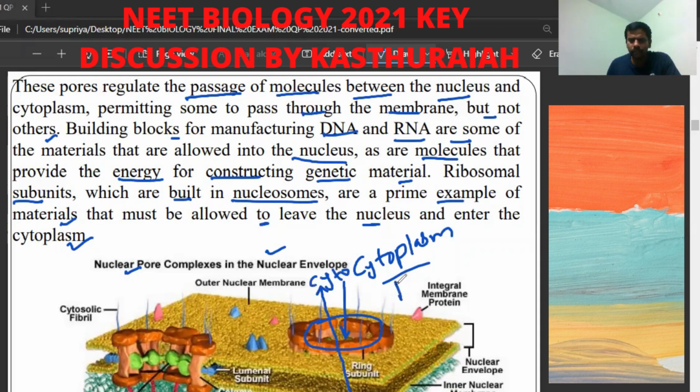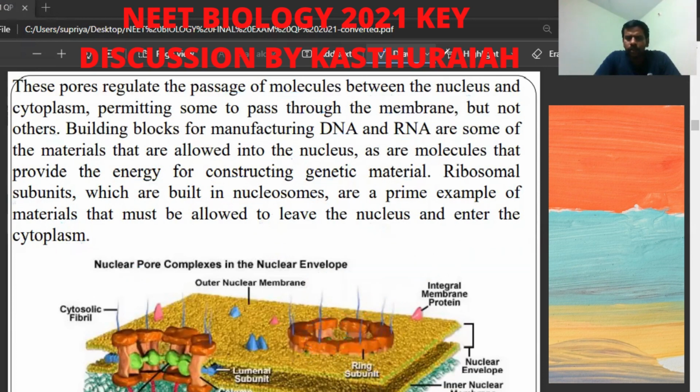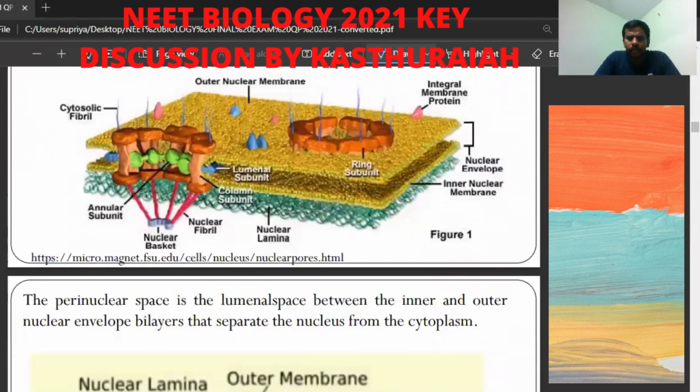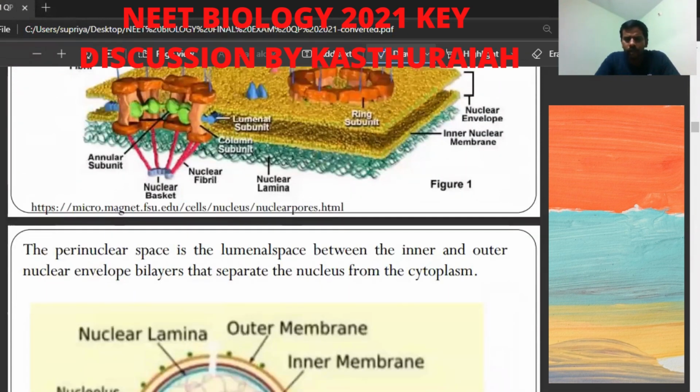In the same way, the proteins which are synthesized in the cytoplasm can be imported into the nucleus, like export and import by the nuclear pore. It means the nuclear pore will allow the movement of proteins and RNA. Proteins go from outside to the nucleus, and RNA goes from inside to the cytoplasm.